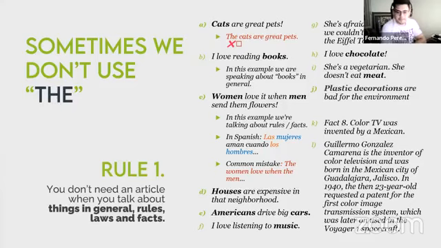Let's talk about the next one. Letter D. Houses are expensive in that neighborhood. What are we talking about in this example?